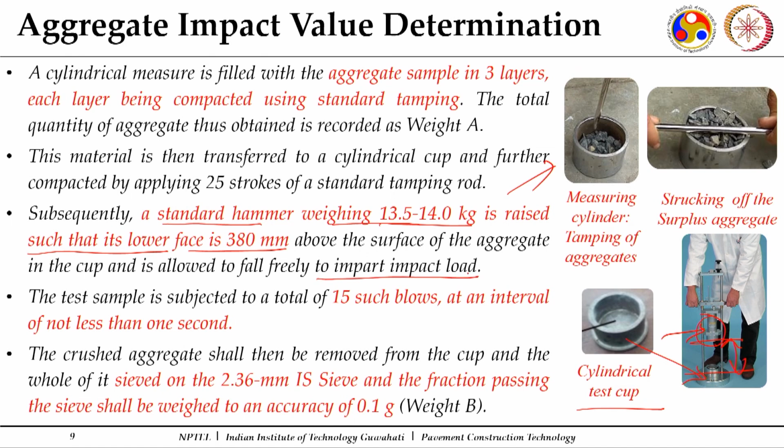So we are imparting an impact load over this aggregate sample, and we give 15 such blows, and thereafter the material in this cylindrical cup is taken out. It is sieved through a 2.36 mm sieve, whatever is retained is washed, the weight is taken, and it is oven dried again.